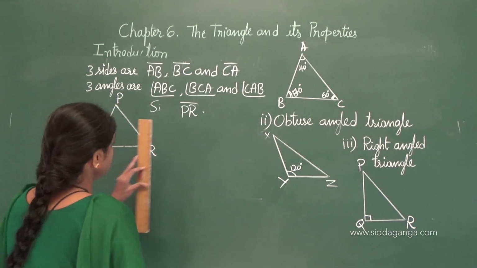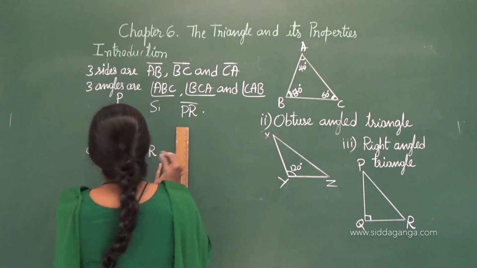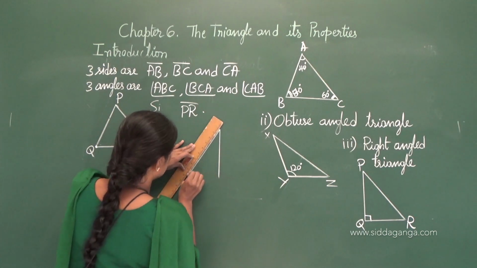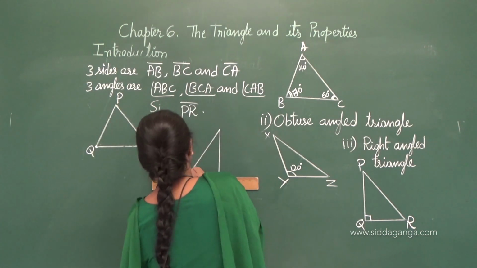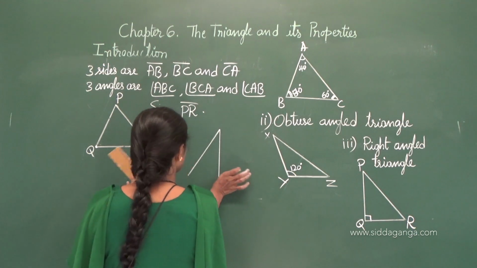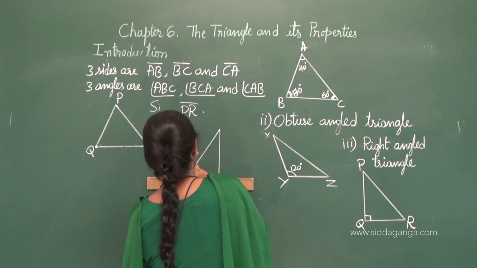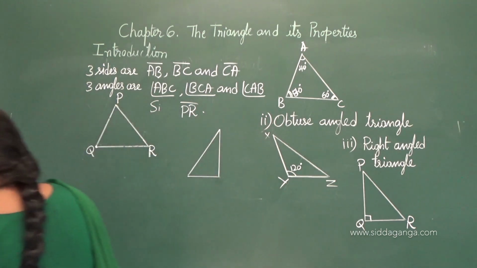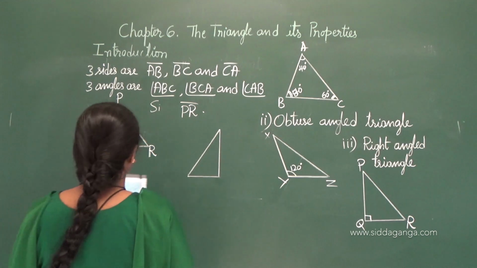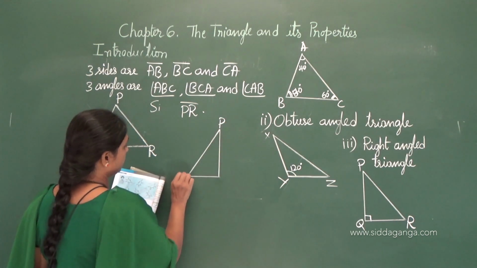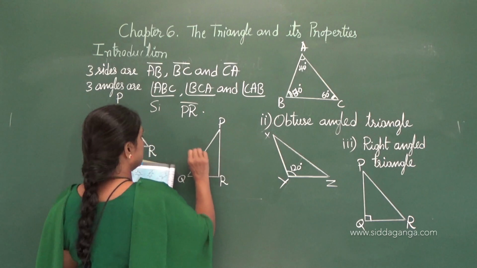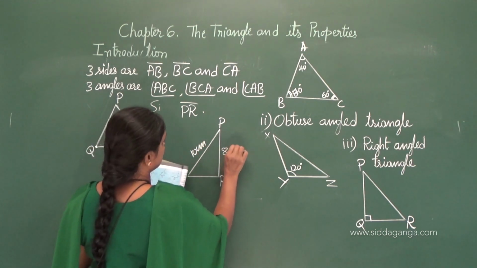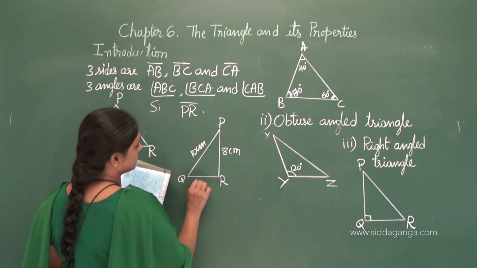I show you one. They have given it like this. This is a right angled triangle. The lengths of all the sides are also different. They are not the same in length. P, Q, R, and the lengths of the sides are 10 centimeter, 8 centimeter and 6 centimeter.